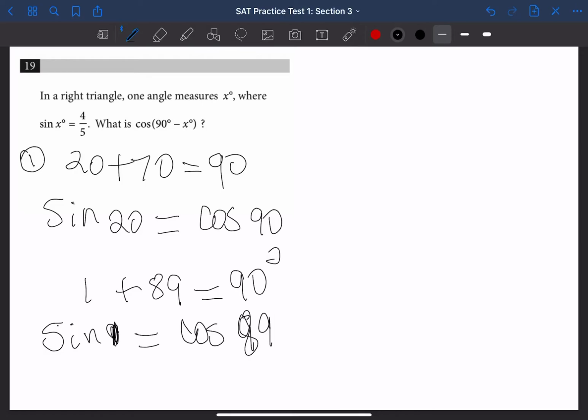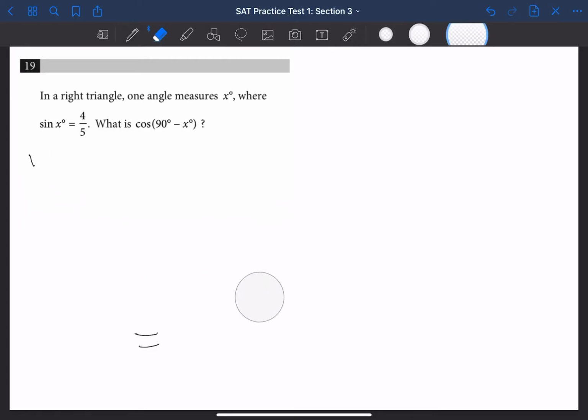You can use your calculator and find those two answers. Now let's erase this and go back.